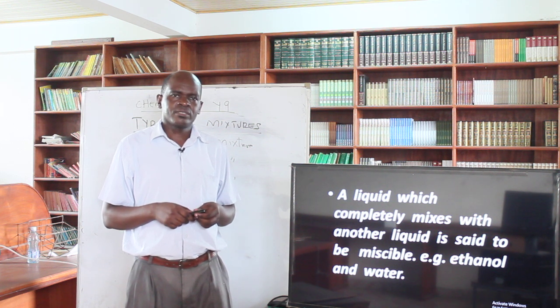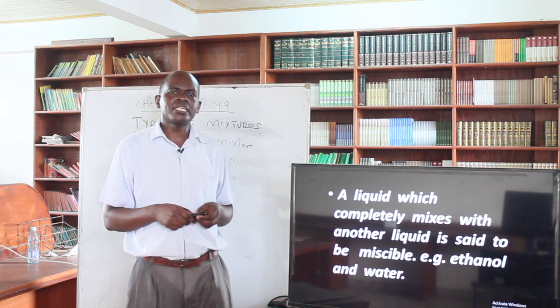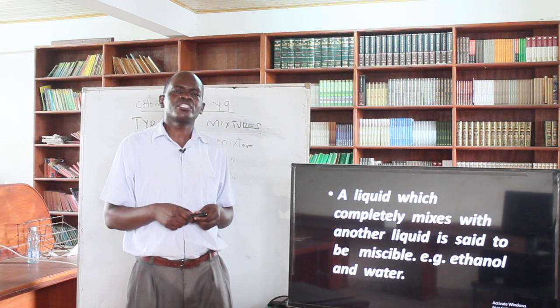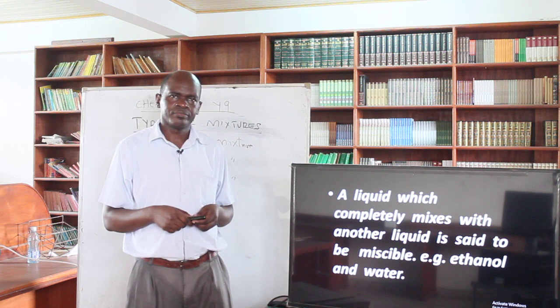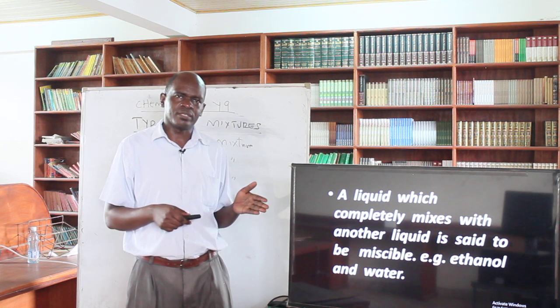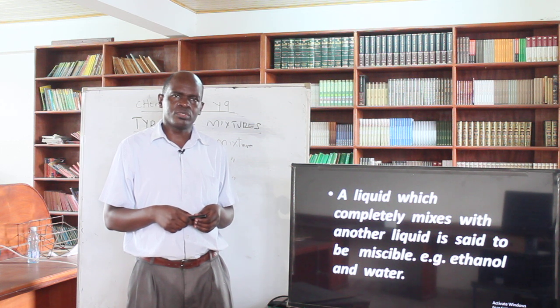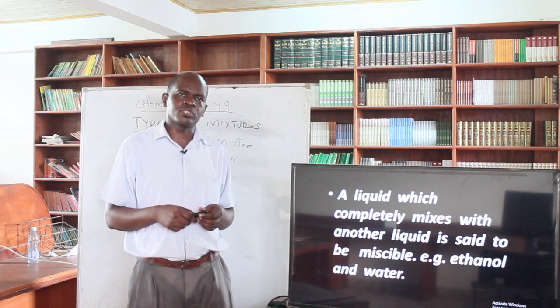Now, in some cases, a liquid which completely mixes with another liquid is said to be a miscible liquid. Miscible. Most of us normally look at the solids. You hear of the mixtures, we always talk about the solids.